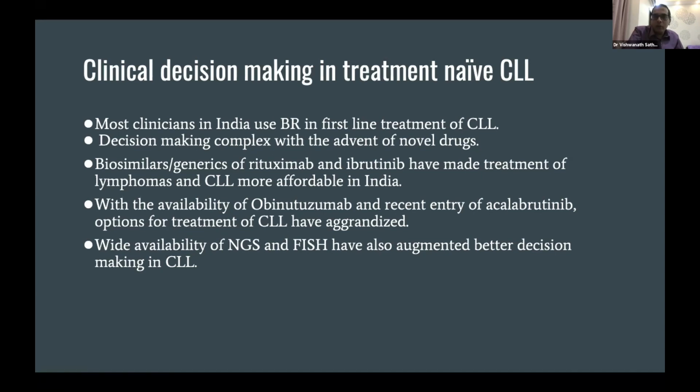Biosimilars of rituximab and the generics of ibrutinib and lenalidomide have made treatment of lymphomas and chronic lymphocytic leukemia more affordable and more accessible in India. With the availability of obinutuzumab and the recent entry of acalabrutinib, the options for treatment of CLL have significantly expanded. The wide availability of next generation sequencing and fluorescent in situ hybridization, as Dr. Santosh also mentioned, has also augmented better decision making in chronic lymphocytic leukemia.